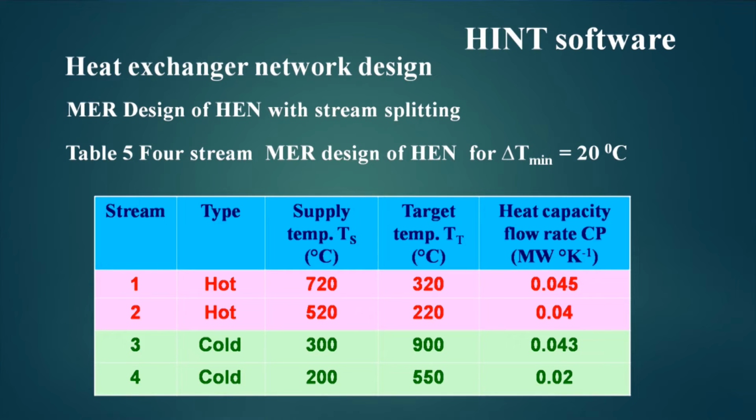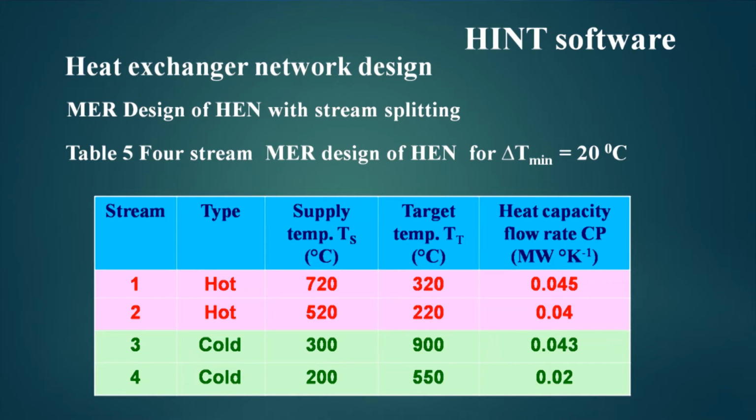In earlier cases we have taken delta T minimum equal to 10 degrees. So, we start our design, and this is a design which I am taking. Here stream splitting will be required. So, we will take two design problems.